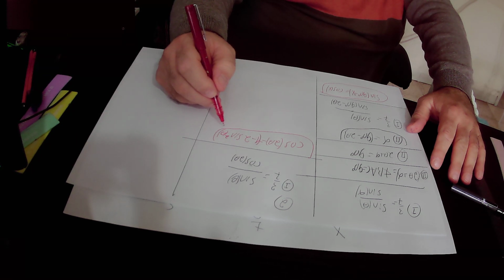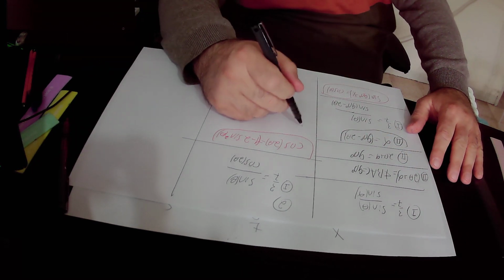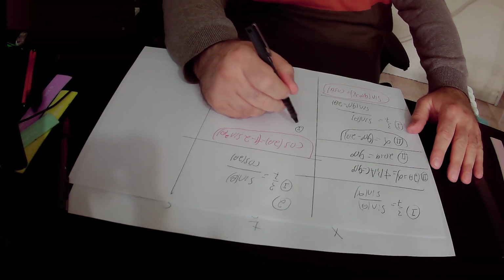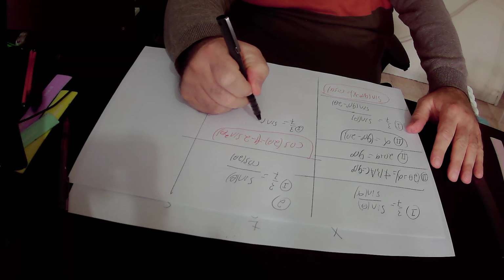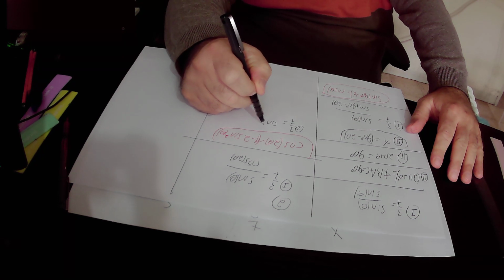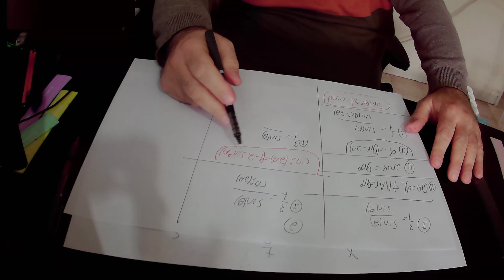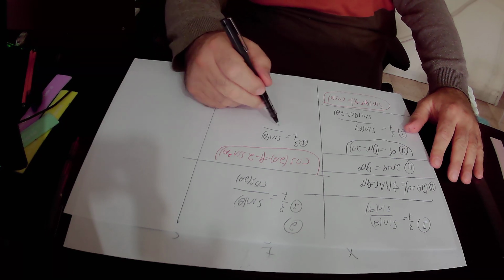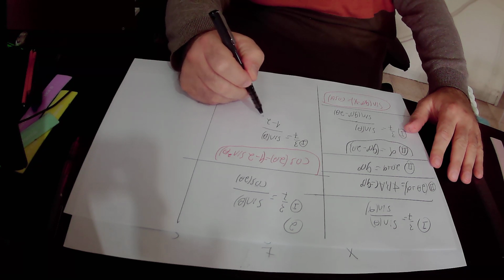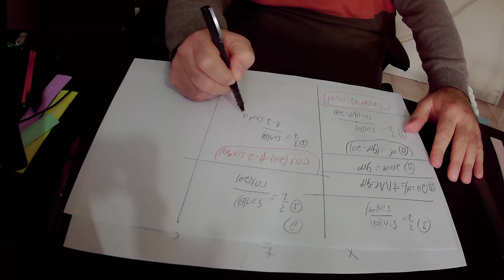We'll do it now and we will get that according to equation number 1, 3 over 7 equals sine theta over cosine 2 theta, and cosine 2 theta according to this trigonometric identity equals 1 minus 2 times sine square theta.